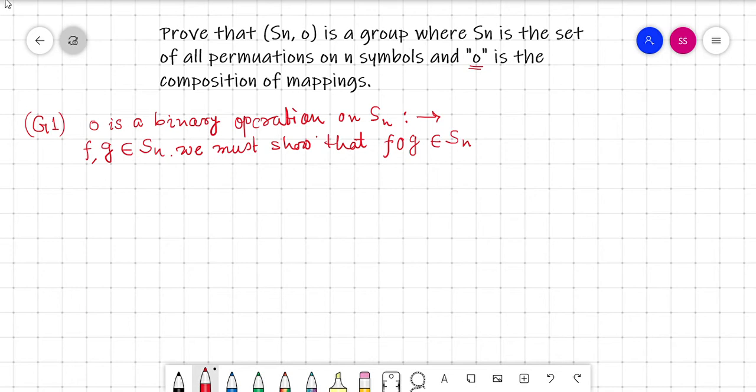This composition will be an element of Sn if it is a permutation, because Sn is the set of all permutations of n symbols.